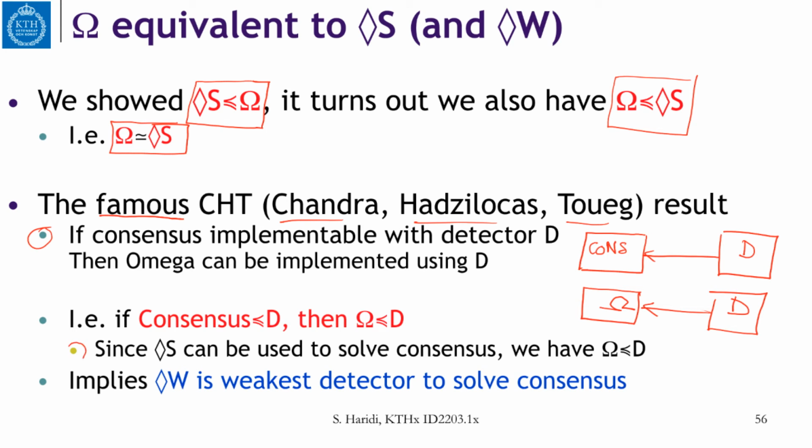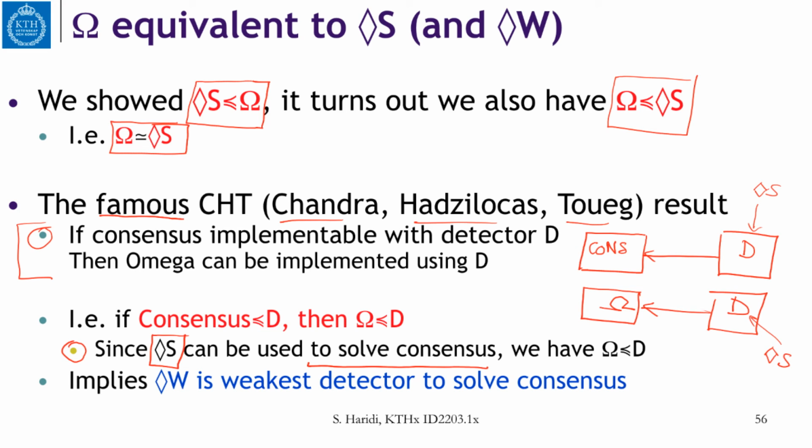Now, since diamond S, the eventually weak failure detector, can be used to solve consensus, and we are going to show that, we can replace D by diamond S, and then using this result we have shown that diamond S can implement omega.